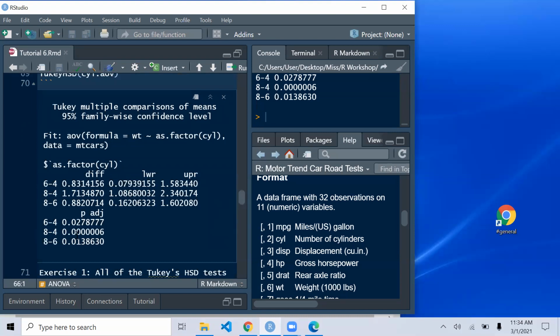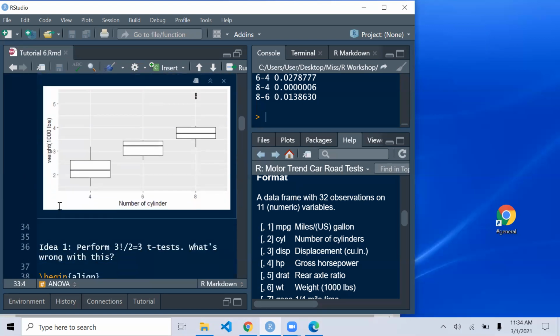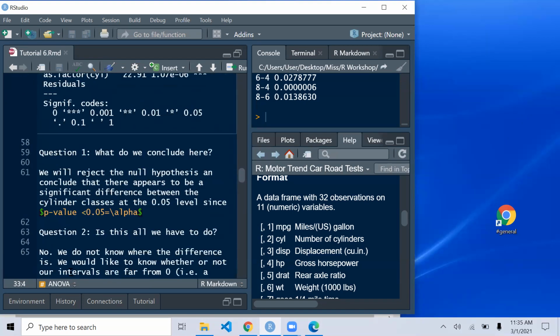With the other two, you're definitely going to reject the null hypothesis at the alpha equal to 0.05 level, but it's not as convincing as the difference between 8 and 4. That makes sense, because if you look at your actual box plot, 8 is very far from 4 in terms of the mean, so it has the biggest group difference, right?